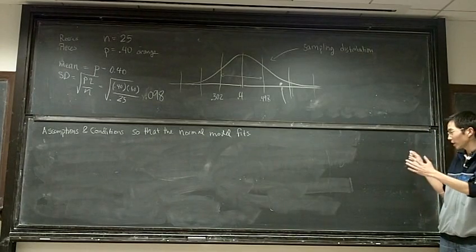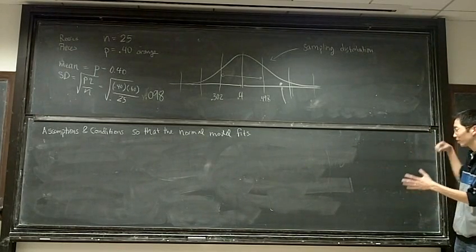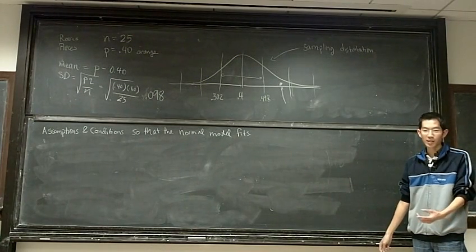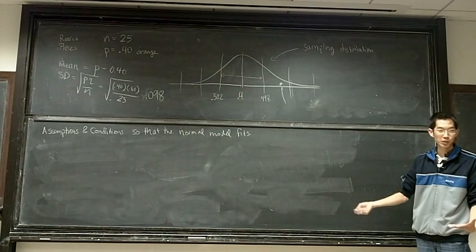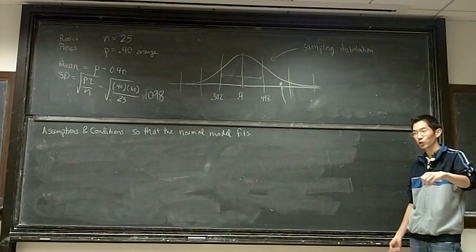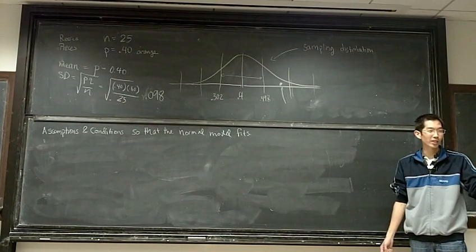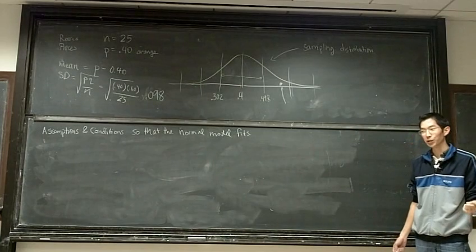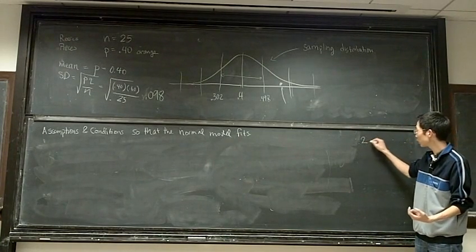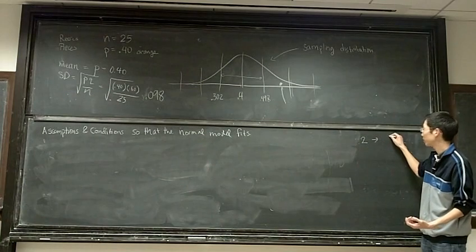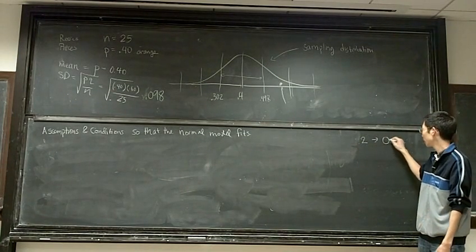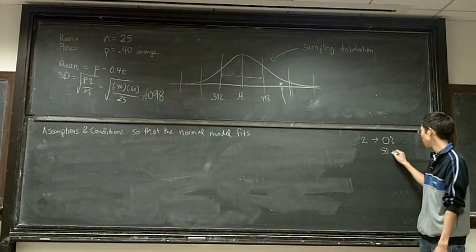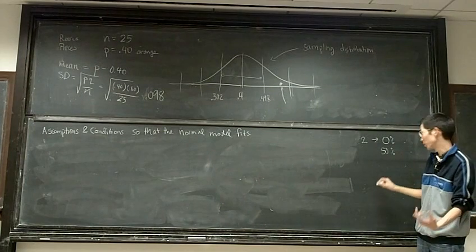I mean, you don't have to write this down, but I'm just going to give you a silly example. Let's say for the Reese's Pieces, let's say my sample size was 2, okay? So I would only take out 2 Reese's Pieces at a time, and I said, what proportion is orange, okay? And in that case, if I only have 2 pieces, I can have none of them being orange, and I would have 0% orange. One of them could be orange, and I would have 50% orange, or both of them could be orange.